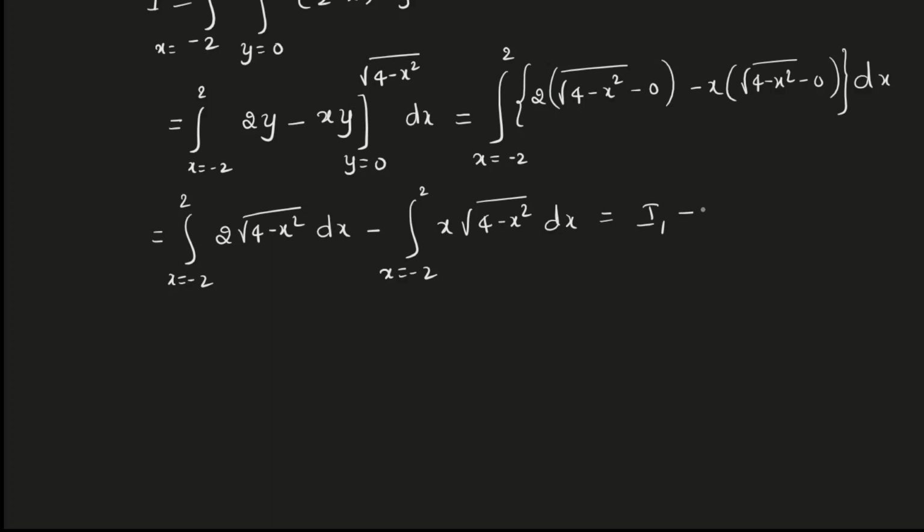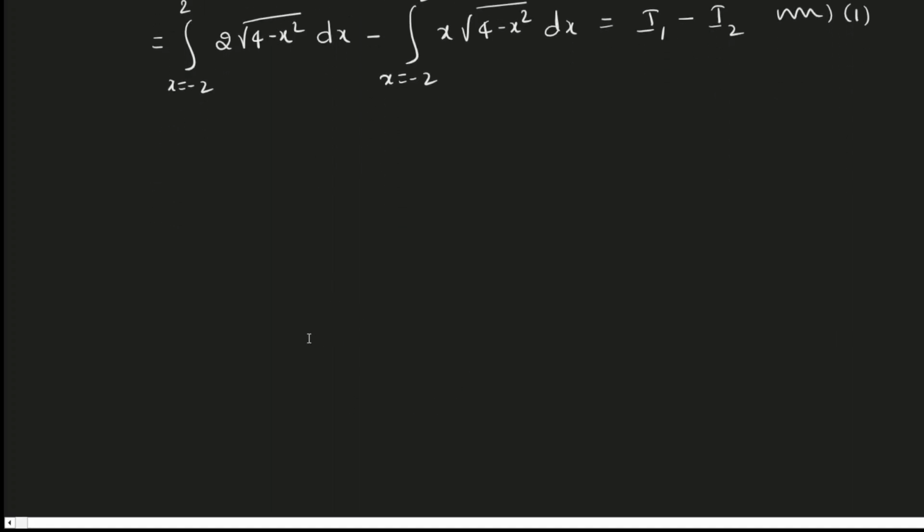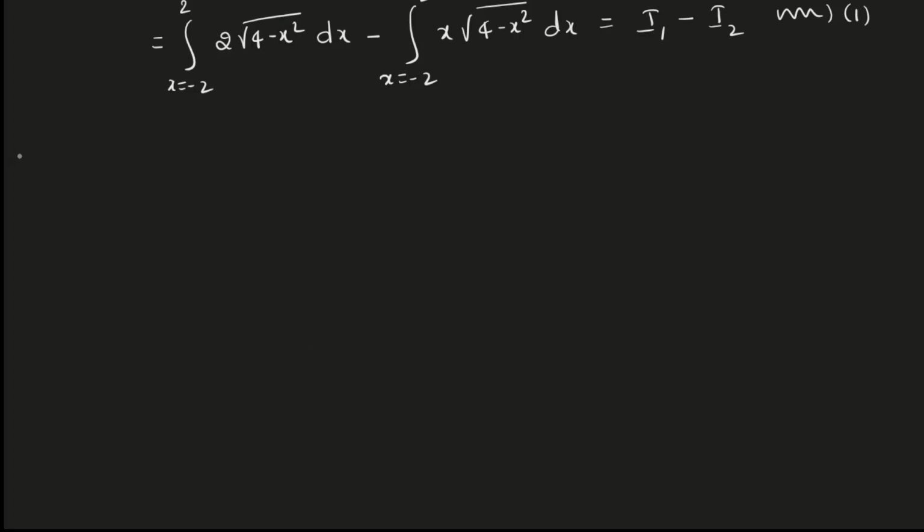So let this be I1 minus I2. So I equal to I1 minus I2. Call this equation 1. Now we will separately simplify them. So consider first I1. I1 is equal to x equal to minus 2 to plus 2, 2 root 4 minus x square into dx. Now this is equal to what? Root 4 minus x square.